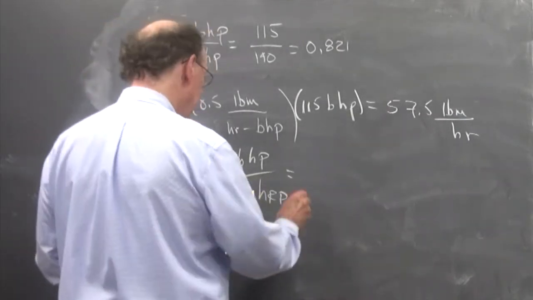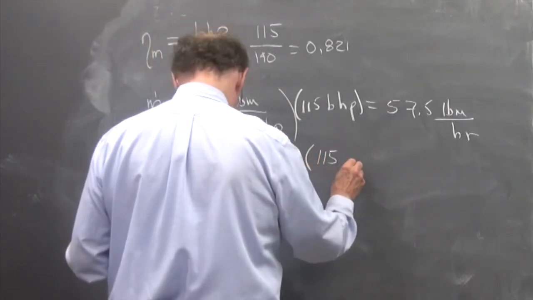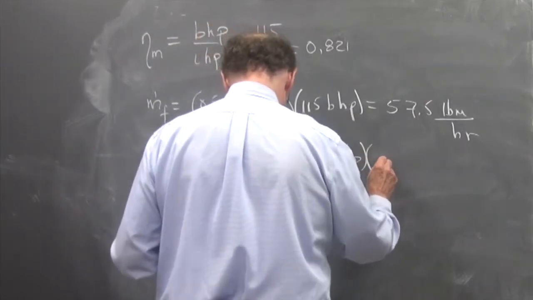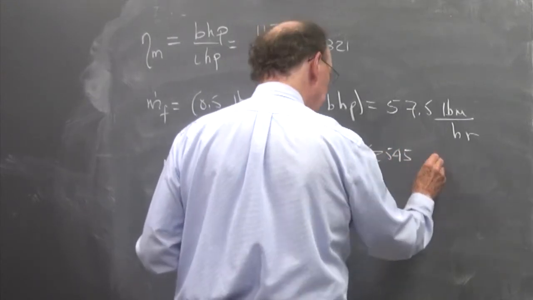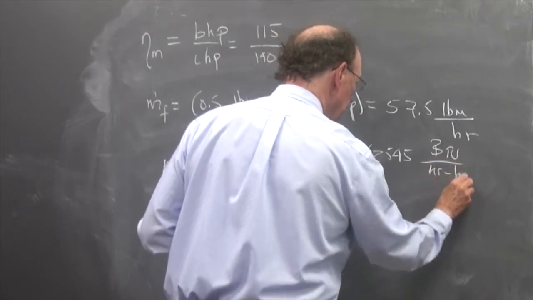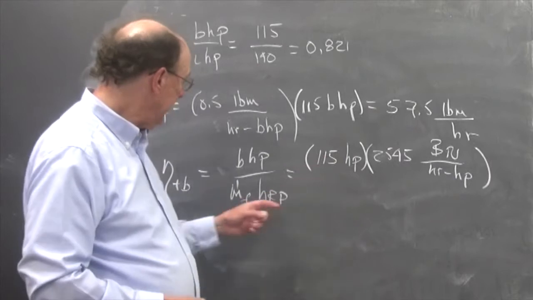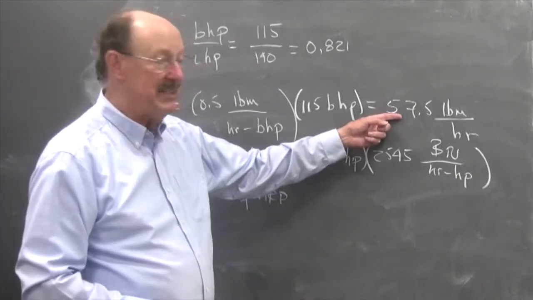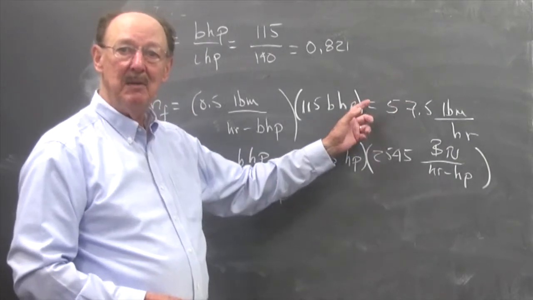And so we have 115 horsepower times 2545 BTUs per hour per horsepower. One of the things I wanted to do by introducing this is that because I have the fuel flow in pounds mass per hour and the heating value in BTUs per pound mass, that term is going to be in BTUs per hour.